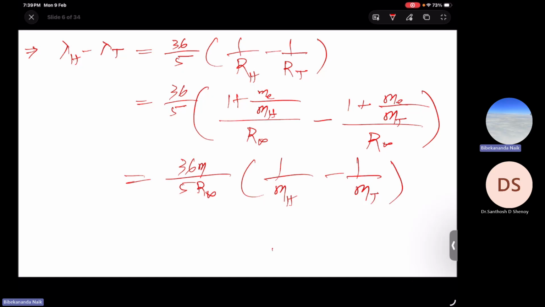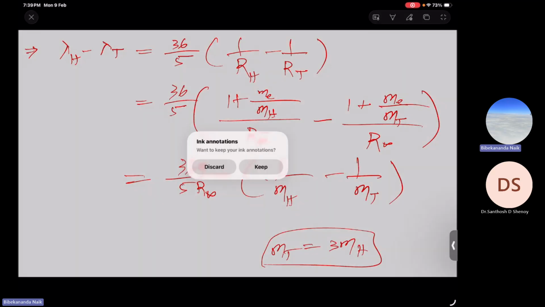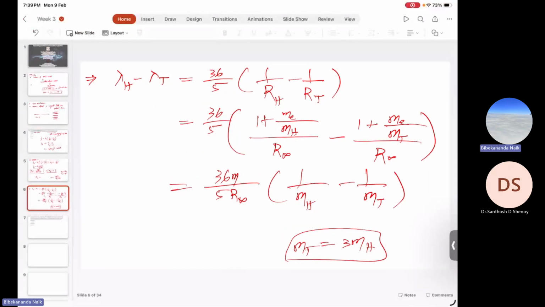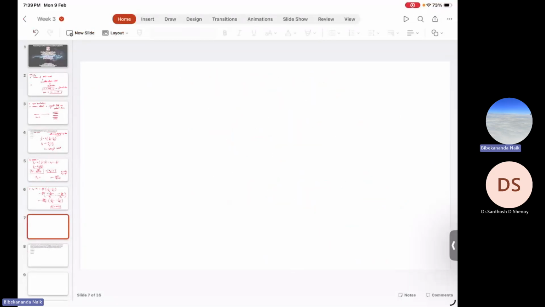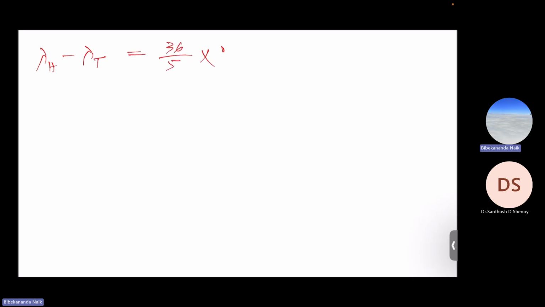So mt is 3 mh. So lambda h minus lambda t will be 36 by 5 into me by R infinity into 1 by mh minus 1 by 3 mh.